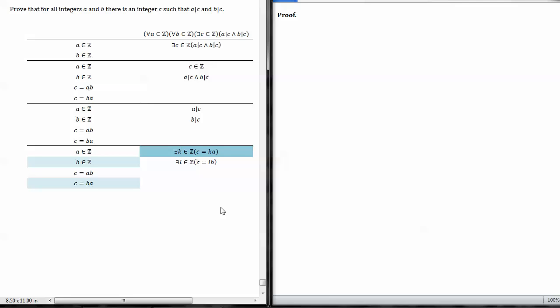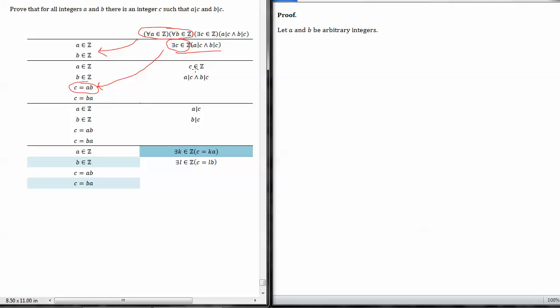Let's try and write up this proof. The first thing we did, remember, was to let a and b be arbitrary integers. So I'll say let a and b be arbitrary integers. And then to deal with our existential quantifier here, we had to say what c was going to be, and we picked a times b.